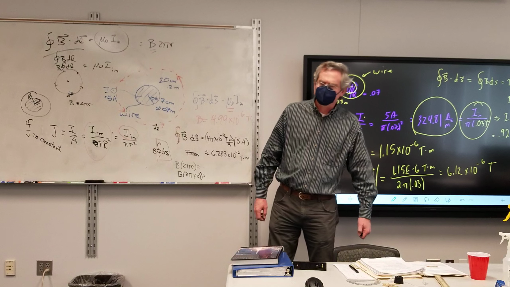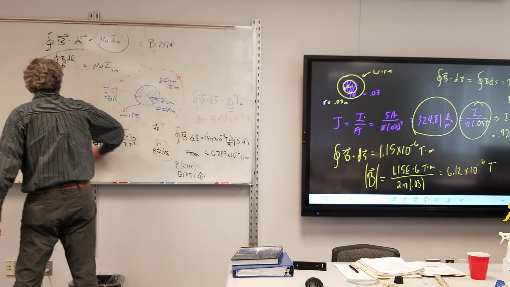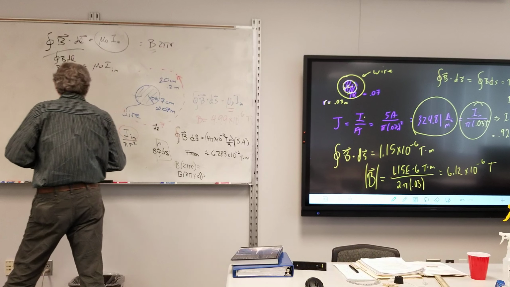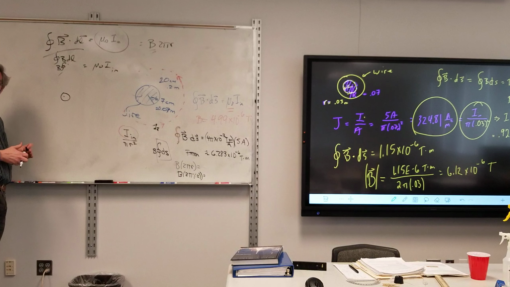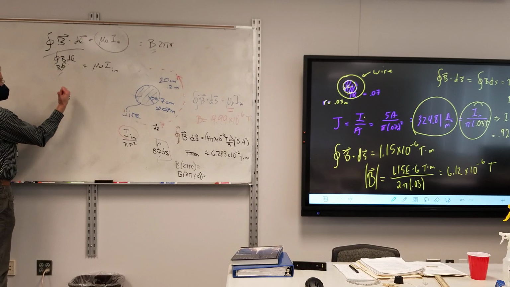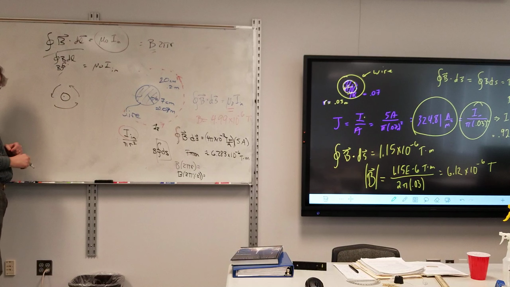Or are you supposed to use the v cross B? No. Actually, there's no external field. If I have a current that's flowing out, right hand rule, my magnetic field's gonna be flowing around like that, so my magnetic field is this way. It doesn't matter, if I'm doing my right hand rule, it's gonna be the same no matter what.